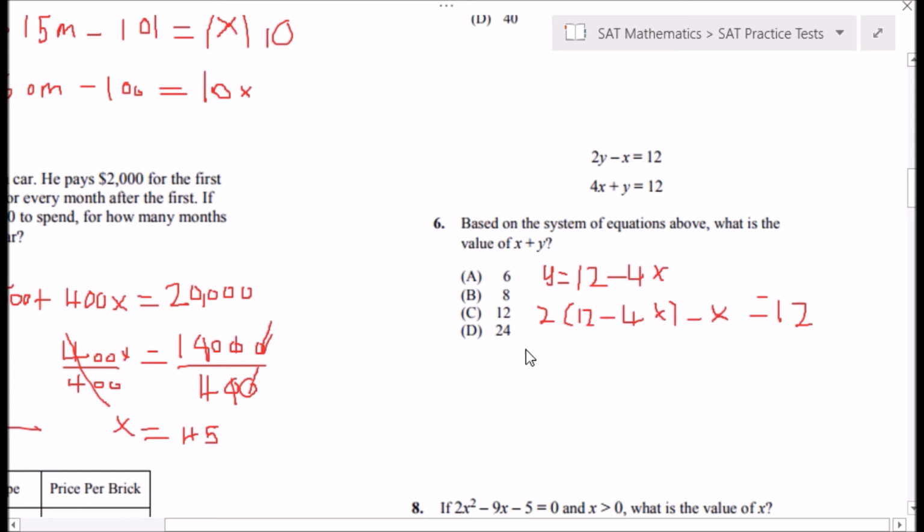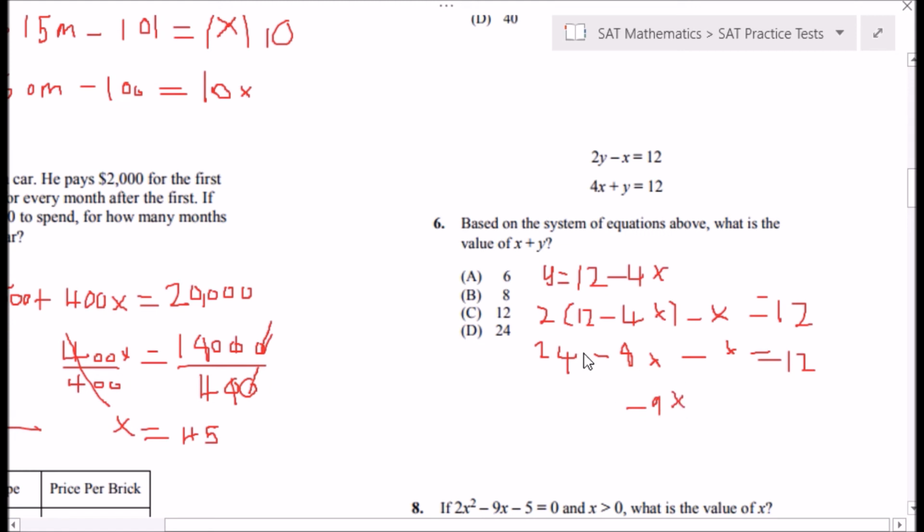So that gives us 24 minus 8x minus x is equal to 12. Right? So here we're left with 9x.